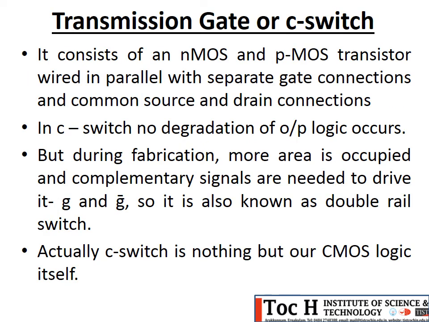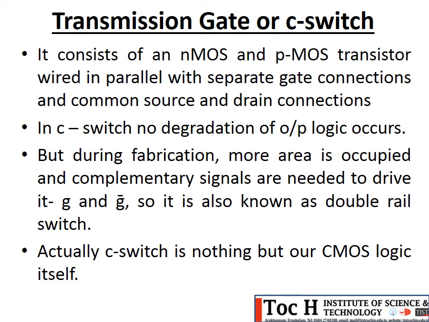In the C-switch, no degradation of the output logic occurs. The disadvantage of the N-switch, P-switch and the complementary pass transistor logic was that they got a degraded output. The output logic levels will be degraded. As we have already said, the N-switch will pass only a weak 1 and the P-switch will pass only a weak 0.